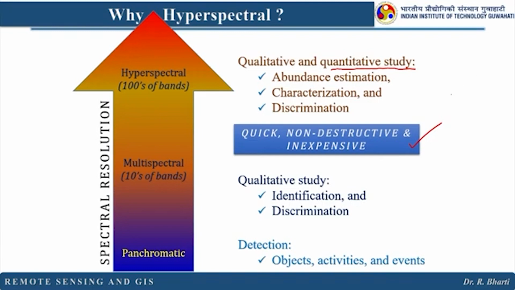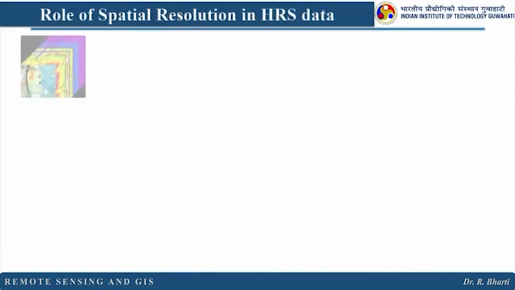That much information you can derive from this reflected or emitted energy, which has been captured in the form of hyperspectral data. We are going to generate the spectral signature from the image, and then we will follow spectroscopy. We will use the library spectra or the pure spectra we generate, and with respect to that, see how much it is matching, what is the similarity. So basically we will be doing spectral analysis.